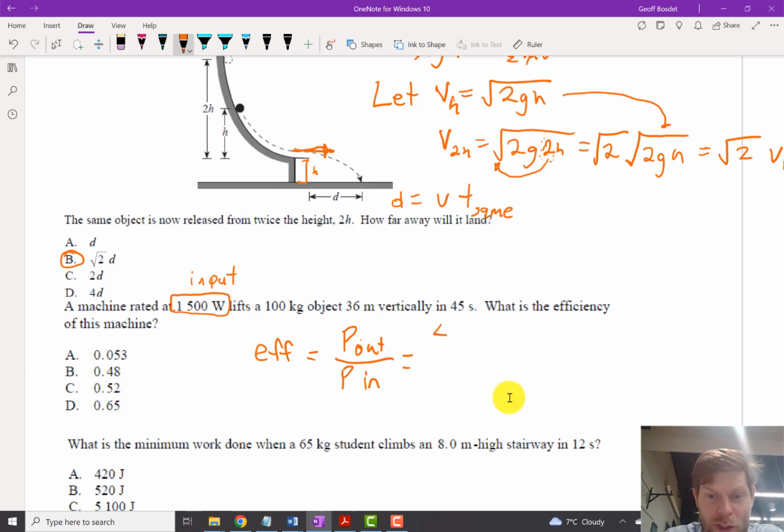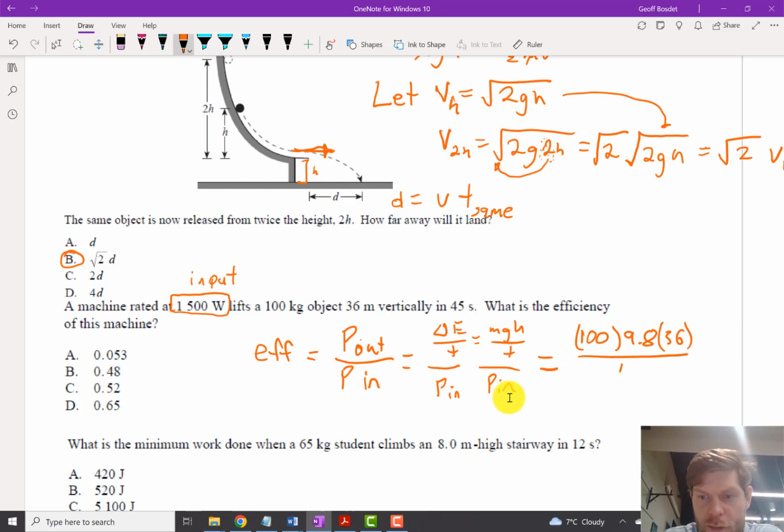Power output will be change in energy over time, which would equal mgh over time. And so it will be equal to 100 times 9.8 times 36 divided by 45.